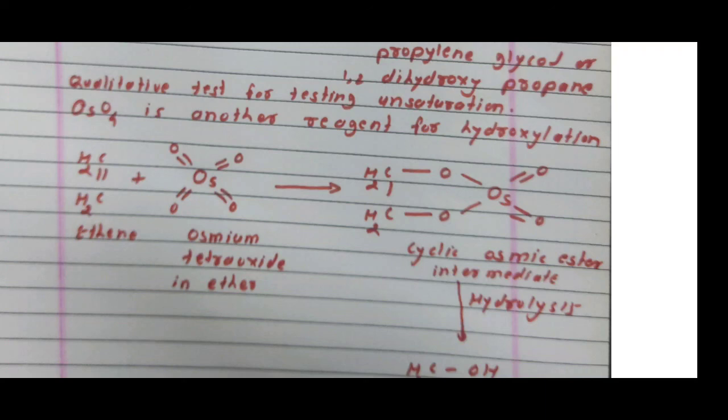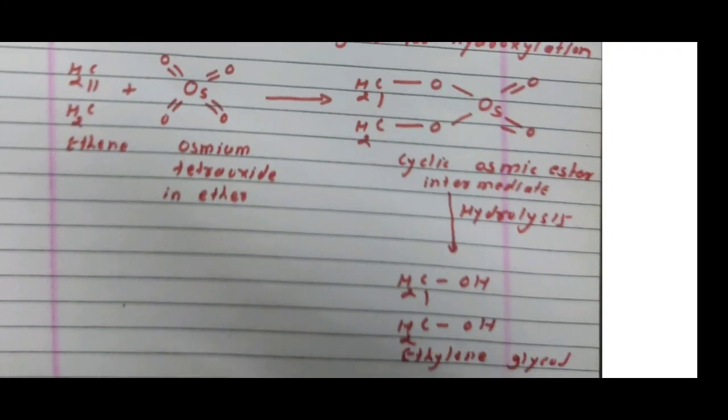Then this cyclic osmic ester intermediate undergoes hydrolysis. Hydrolysis means addition of a water molecule, for formation of CH2OH CH2OH. Here the Os-O bond is broken. Therefore 2 water molecules are required for this hydroxylation and attachment of 2 OH groups to the 2 CH2 groups.